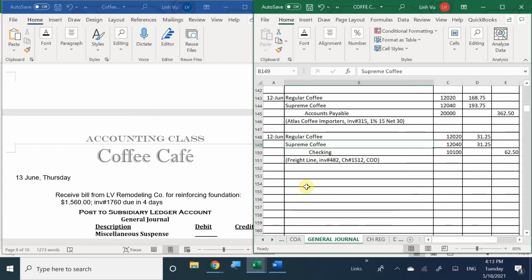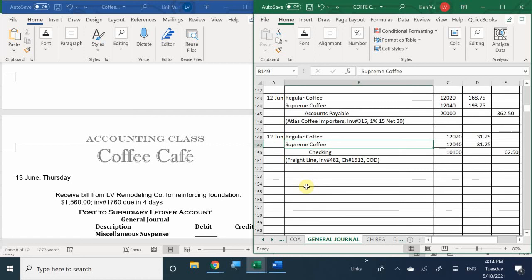So you're going to dump this cost into miscellaneous suspense, because it is going to be part of the cost of the grinder. Right now, it's sitting on the table. There's no electrical work, there's no foundation for it to stand on, so it's not ready to be placed into service yet. It's going to be considered part of the cost to get it ready and placed into service.